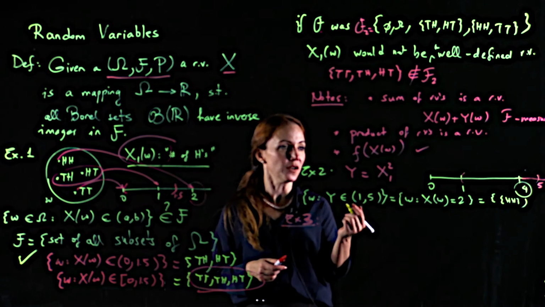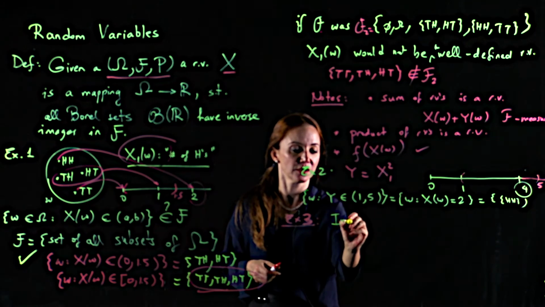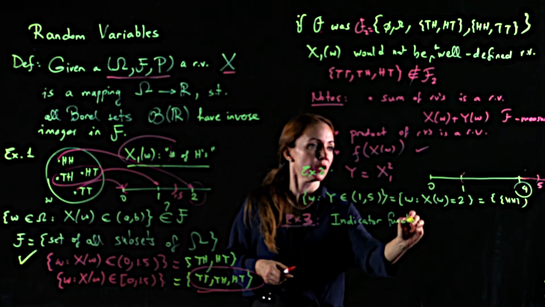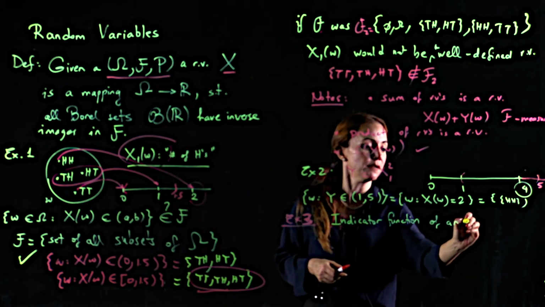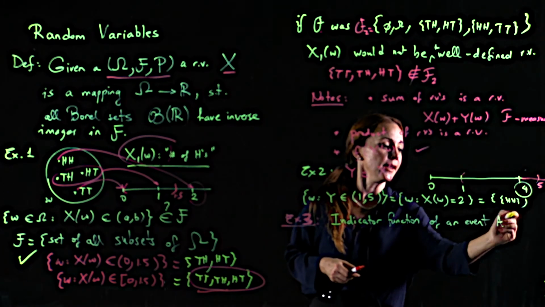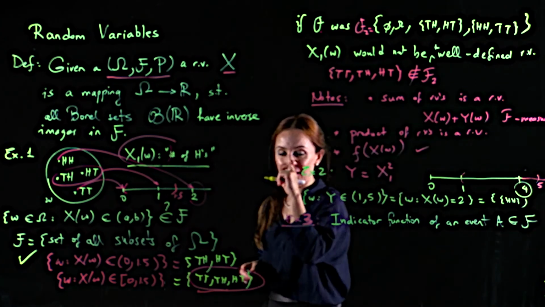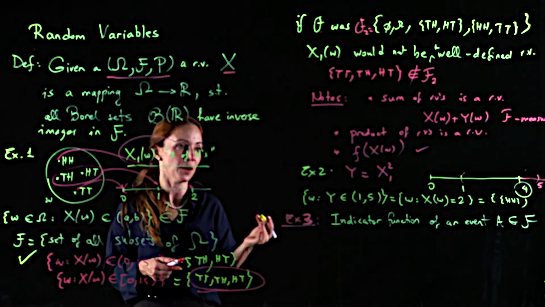Now, an important example of a very simple binary random variable is the indicator function. The indicator function of an event A in F indicates whether or not that event happened.